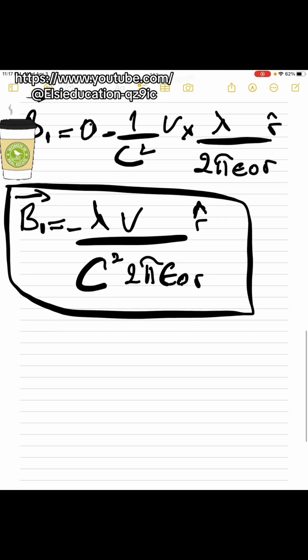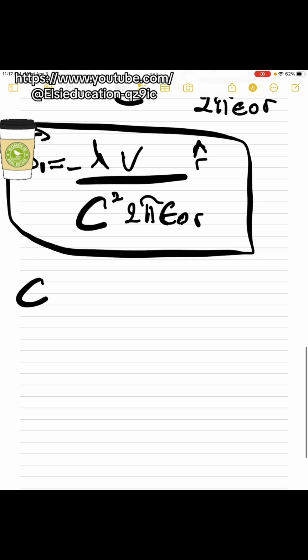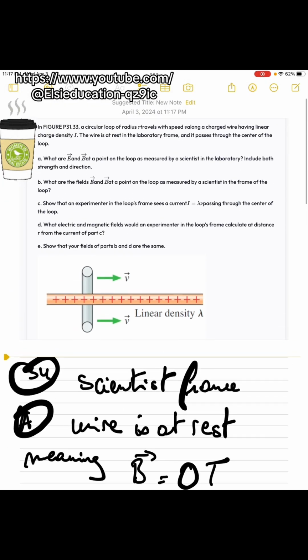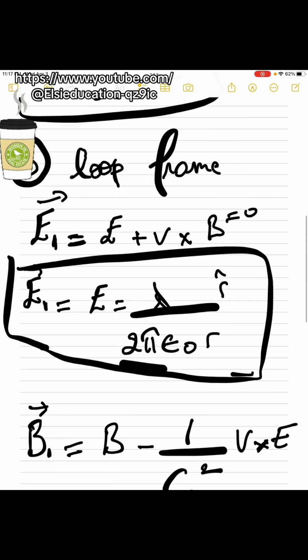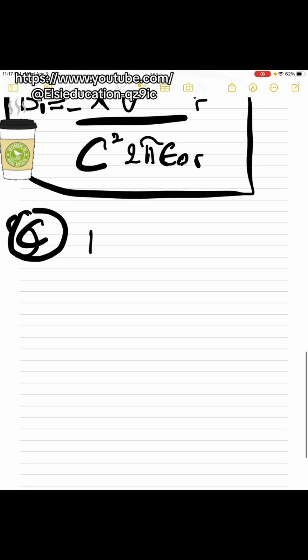So this is for question number B. Question number C. So we have to prove that the current is equal to linear density multiplied by the speed.